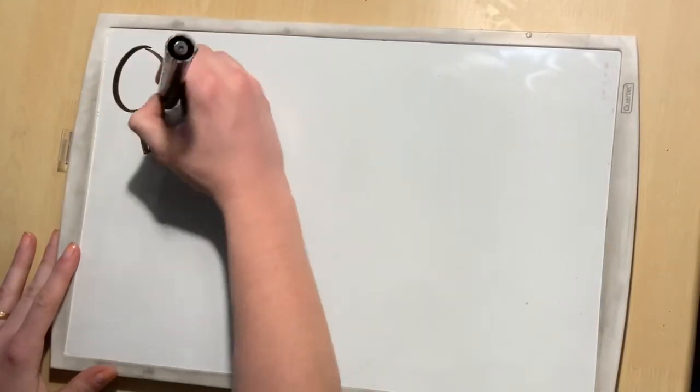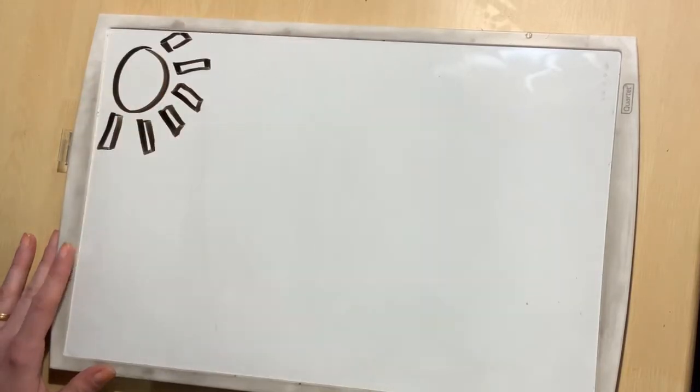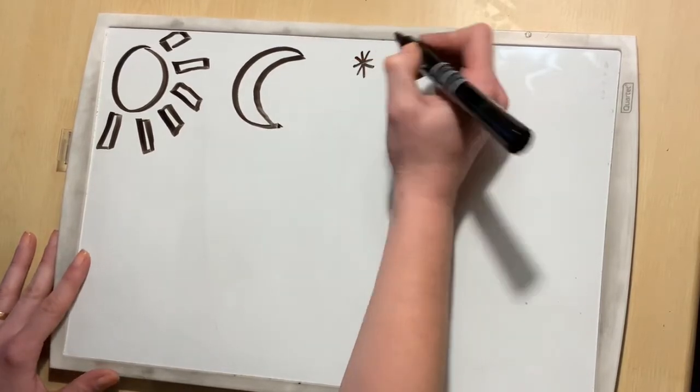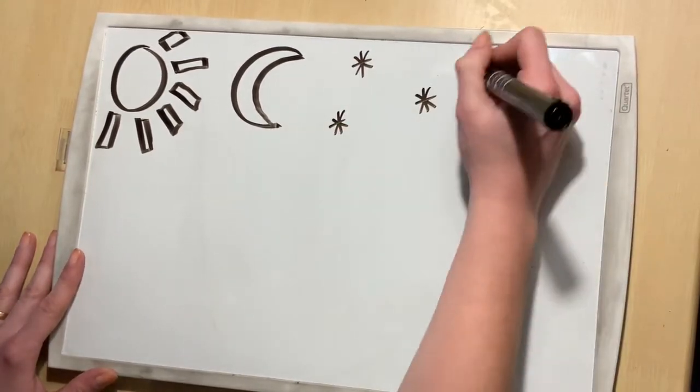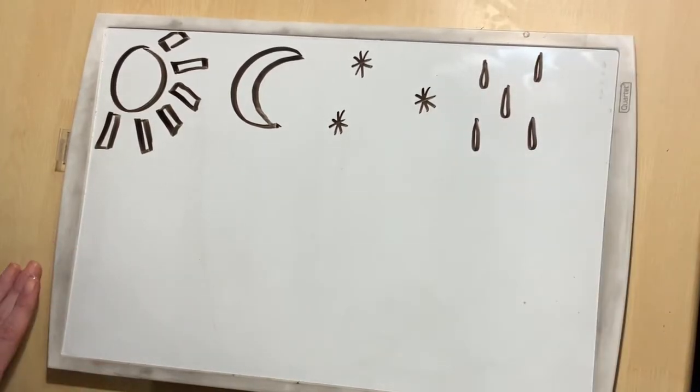Next, it's time to draw the setting of my story, where and when it happened. There are many ways to add a setting to a drawing. Drawing a sun or moon in the sky can help tell what time of day it is, day or night. Drawing snowflakes or raindrops will help show the weather.